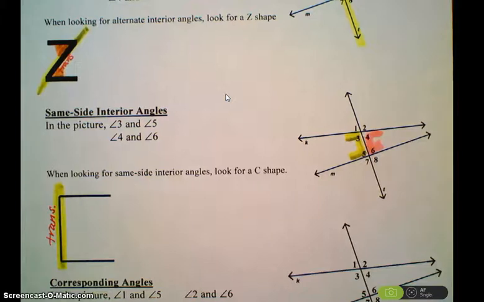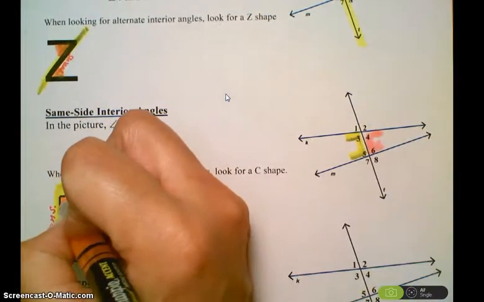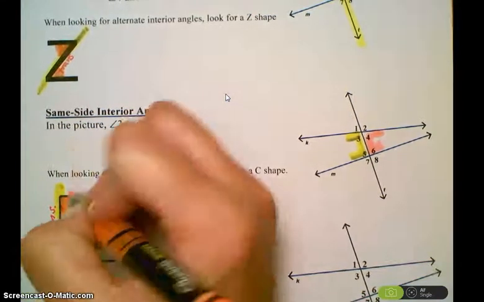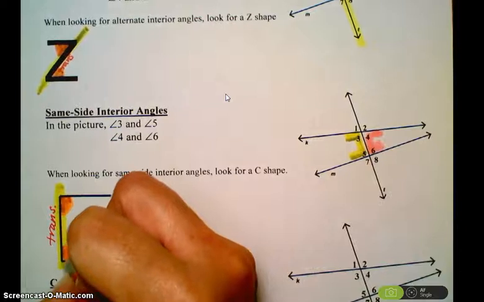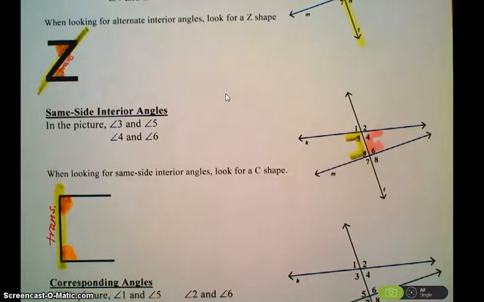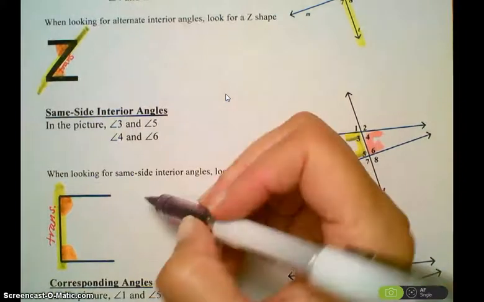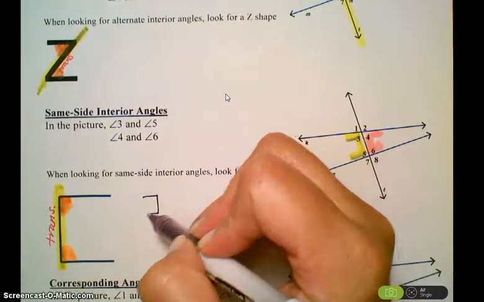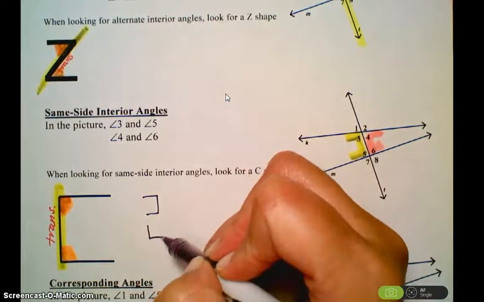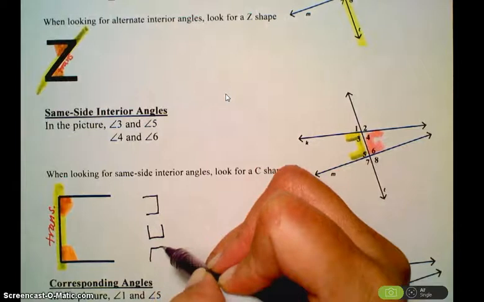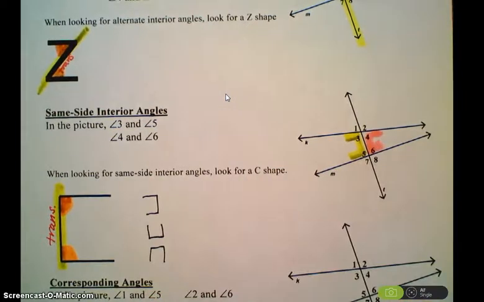And your same side interior angles will be in the crux of the C. Okay, do keep in mind that the C doesn't have to face to the right like a normal C. The C could be facing to the left, it could be facing up, it could be facing down. It just depends on the picture that you're looking at.